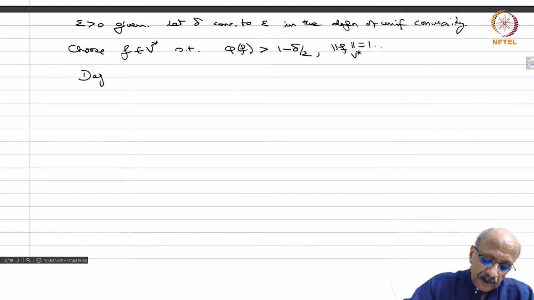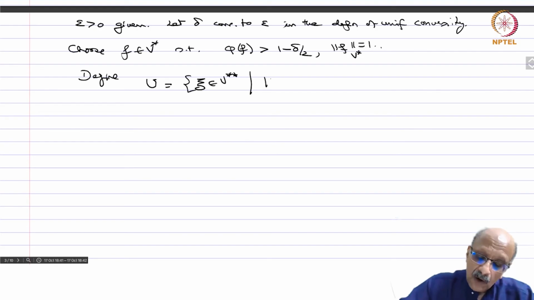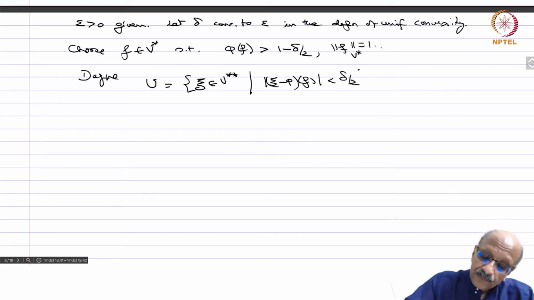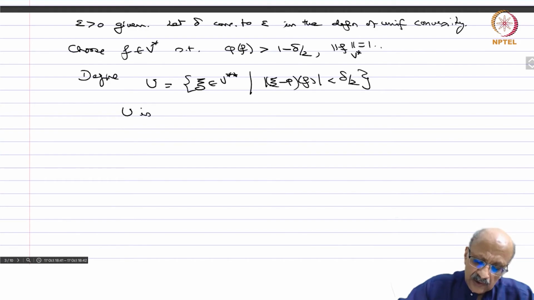So now you define U equals the set of all xi in V double star such that mod of xi minus phi acting on f is less than delta by 2. Okay, f is a single point in the pre-space, so V double star we are working on. So this U is a weak star neighborhood of phi in V double star.